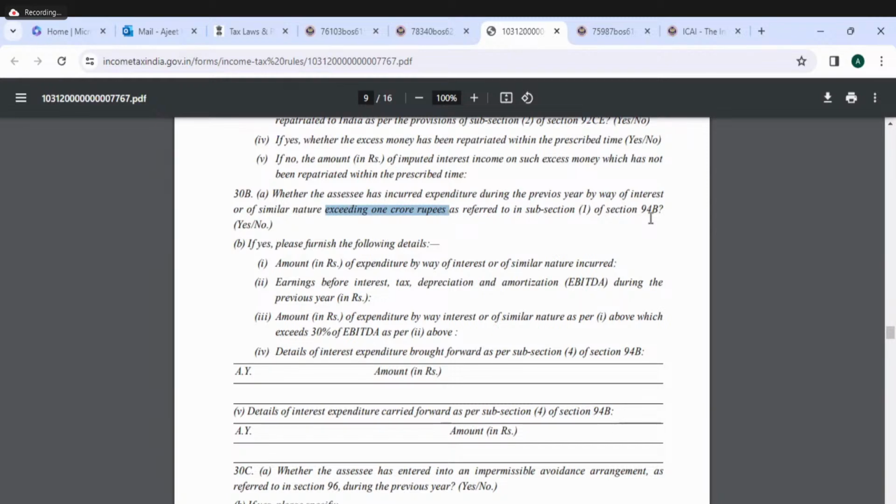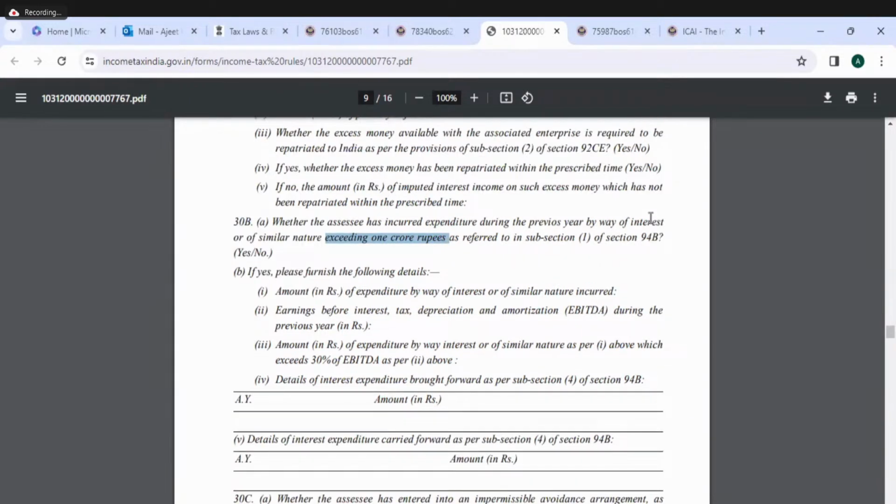Is 94B applicable? If yes, then you have to report that in clause 30B of form 3CD. In our case, since WTL is paying interest of 32 crores to its non-resident AE, the accountant has to report this under clause 30B.